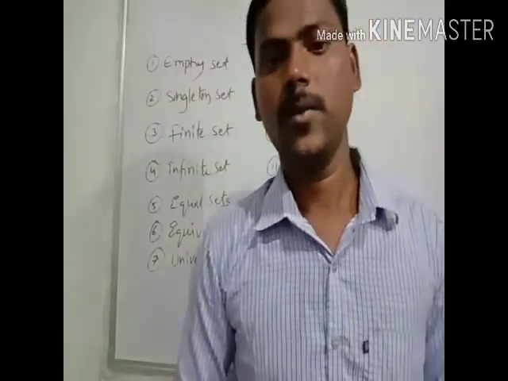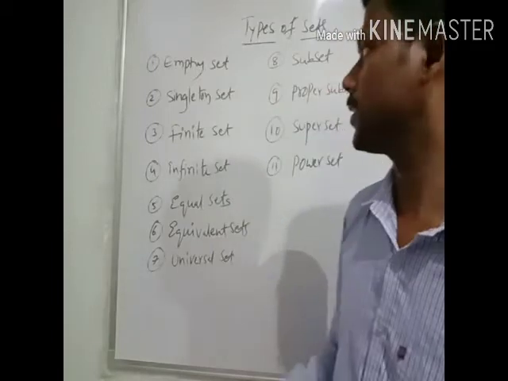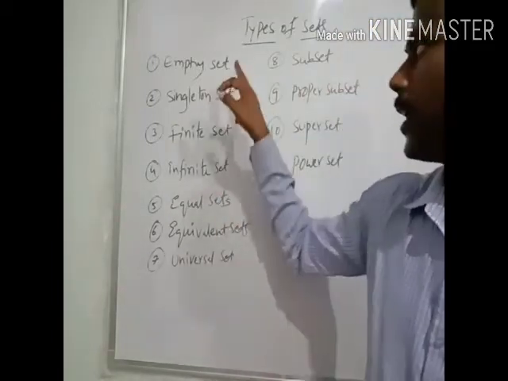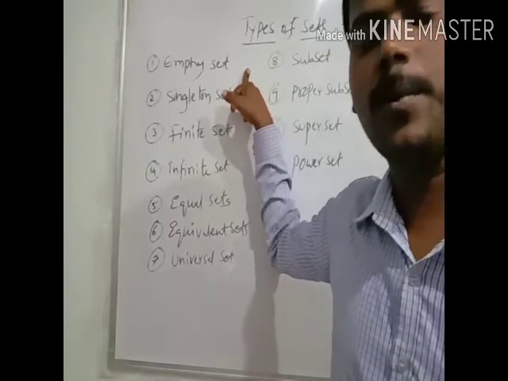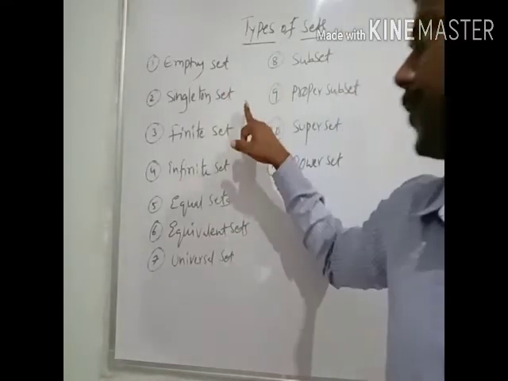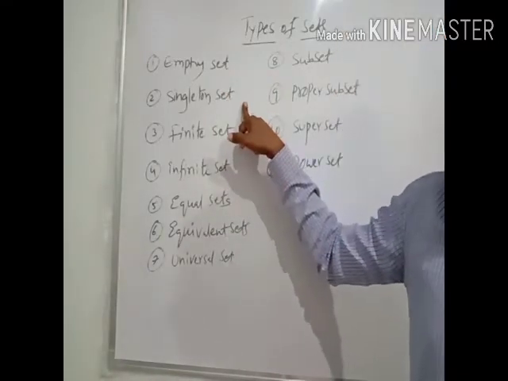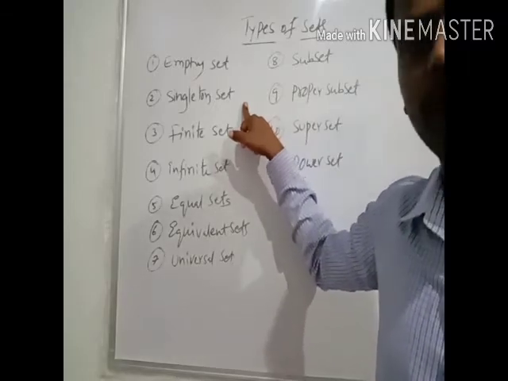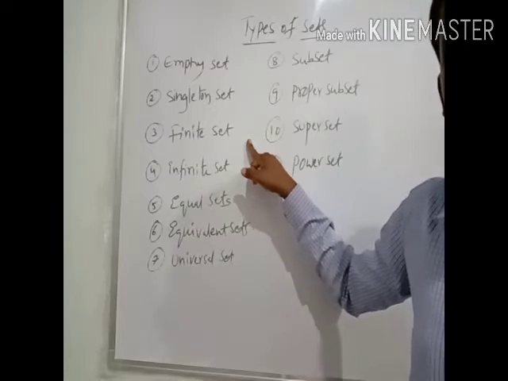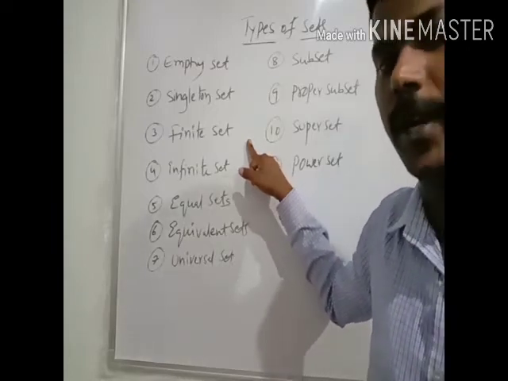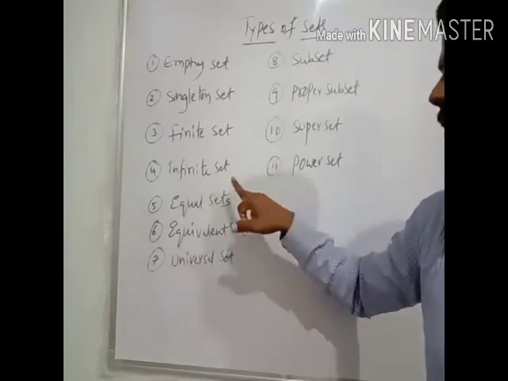Understand children? What did we learn in today's class? Once again, revise and recall. Empty set: a set containing no objects or elements is called an empty set. Singleton set: a set containing only one element. Finite set: a set containing a countable number of elements.